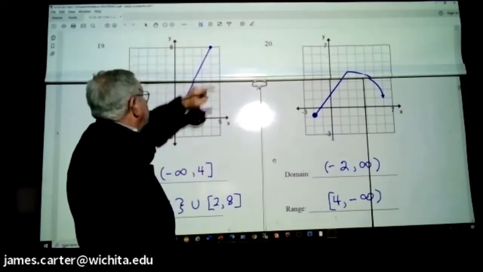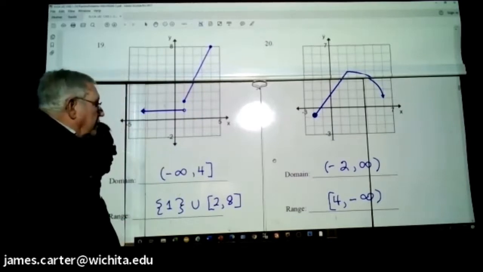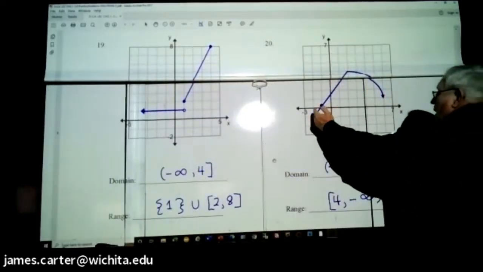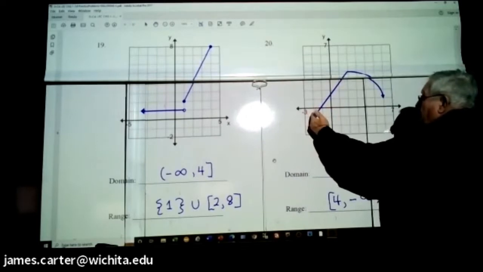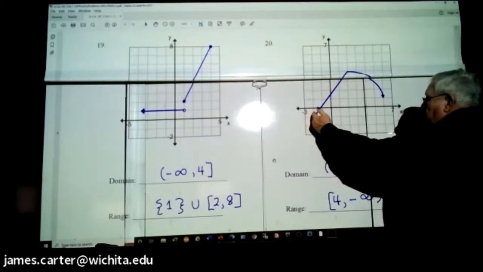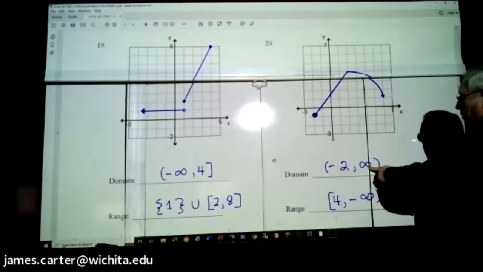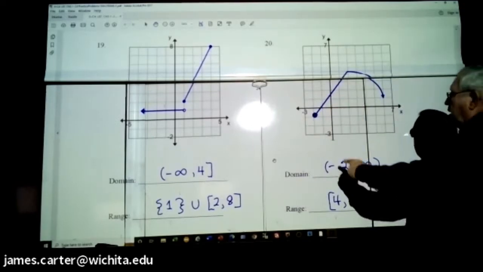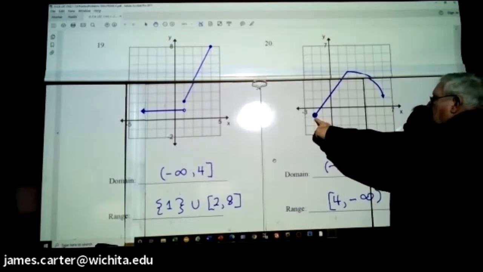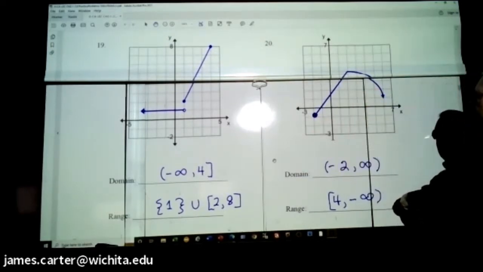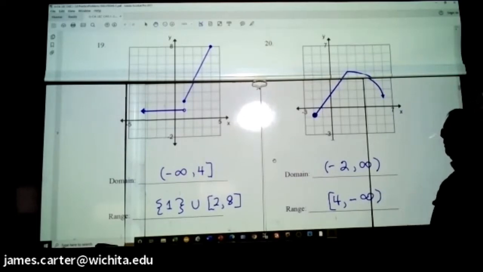Oh, this one stops at 8, so not infinity, but rather 8. Okay, on this one, our domain stops here at -2, continues to the right forever. Our range starts not at -2, but -infinity, okay?